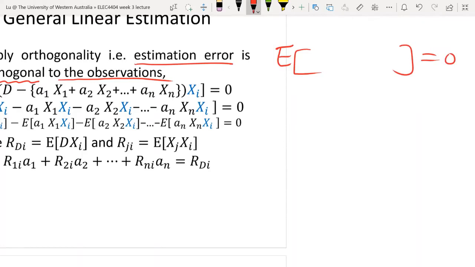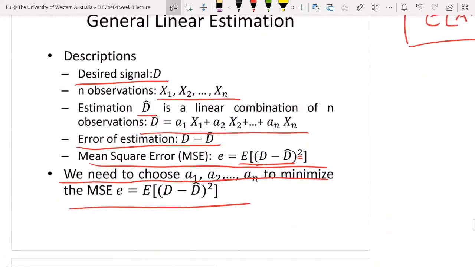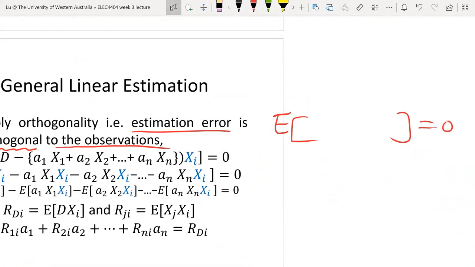One is the observation, right? But in our notation in this part, the observations should be a group of X random variables. Okay, and we want to put our X here. This is just the group of the observations.